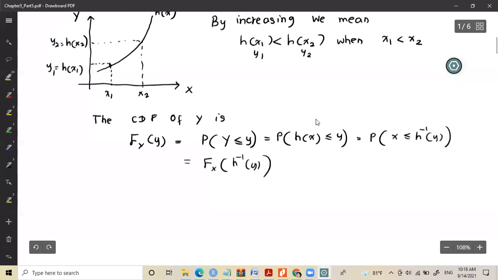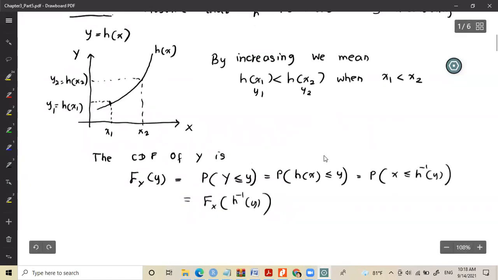Is this clear to all of you? These two lines: the CDF of Y, according to the definition, is the probability Y less than or equal to small y, but capital Y is h of X. So you have h of X less than or equal to y. Because this is monotonically increasing, it is always increasing in the same order, the inequality will hold when you take the inverse.